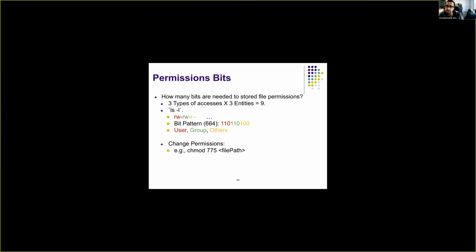And finally, the last 3 bits indicate the accesses allowed for all the other users who are not owners, or who don't belong to the group of the file. You can change the permissions of the file. The operating system provides a system call called chmod, using which you can specify the bit pattern and change the permissions of a file.